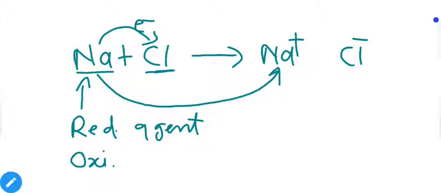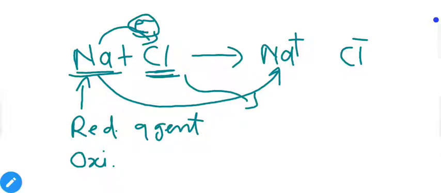Similarly, because chlorine accepts the electron, sodium can release it. That means sodium can be oxidized because chlorine is able to accept. So for chlorine it is a reduction reaction, but it causes an oxidation reaction in sodium.